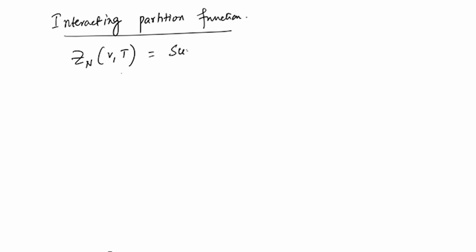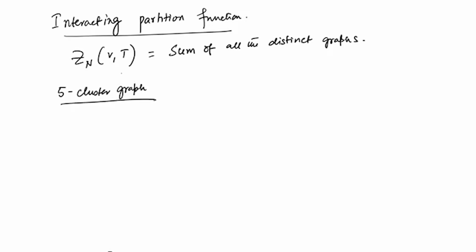This is equal to the sum of all the distinct graphs. Okay. So, this is important, and we are talking about an L cluster graph. L is the number of participating clusters there. So, say we have given this example, a 5 cluster graph looks like this: you have 1, 2, 3, 4 and 5, and let me show this.